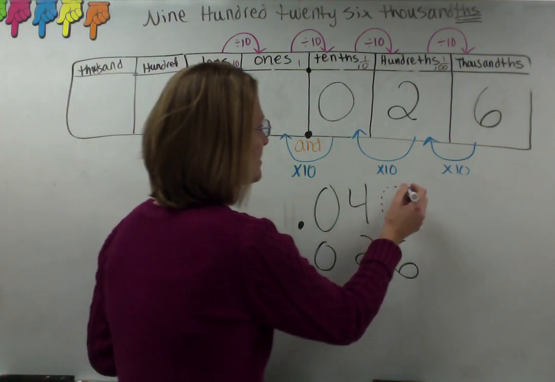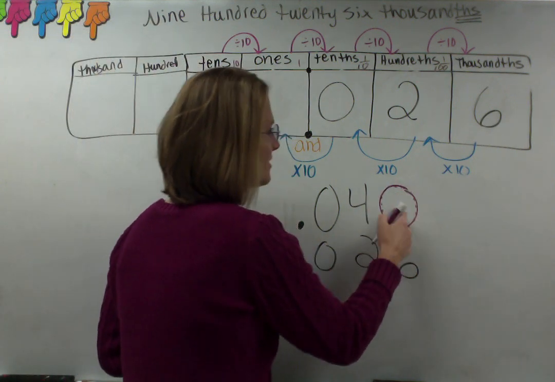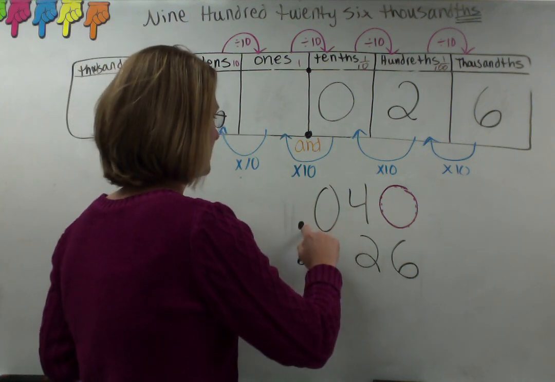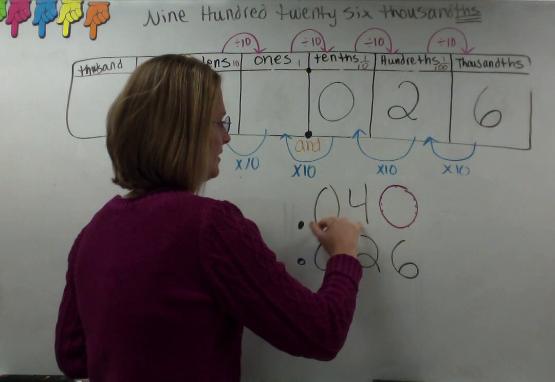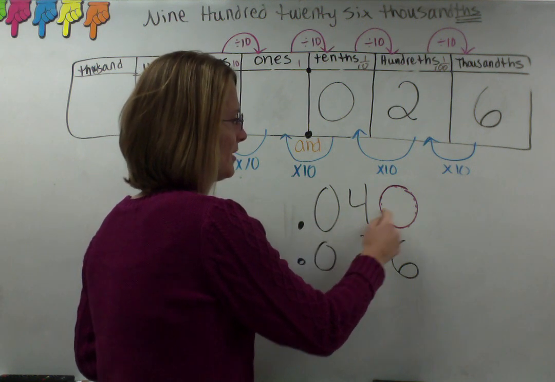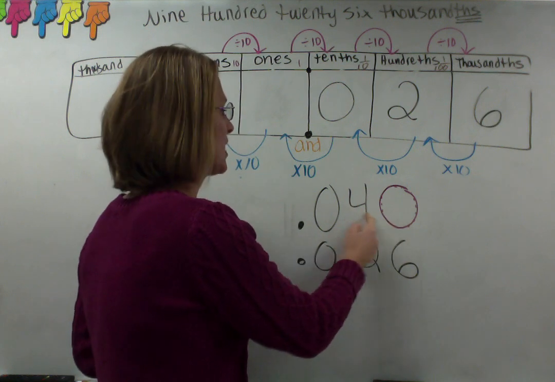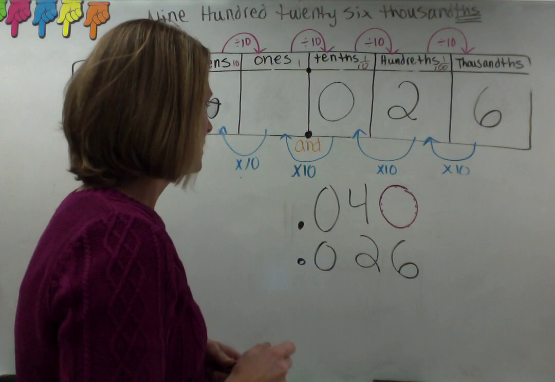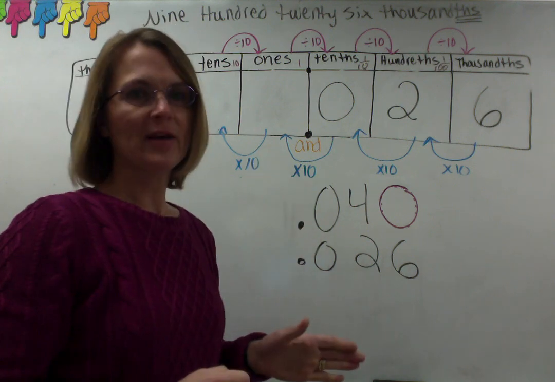And I can put a 0 here because this 0 is not a placeholder, all right? It's only a placeholder if it is between the decimal and the number. So putting this 0 here does not change the fact that the 4 is 2 places after the decimal. So now I've lined up my place values.